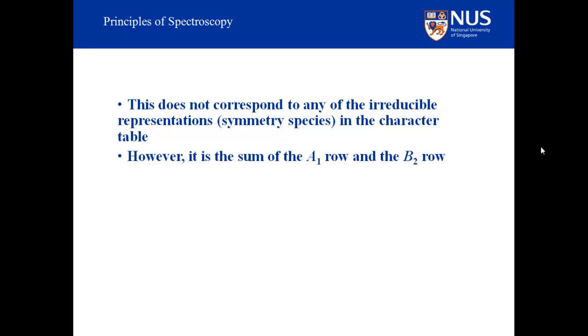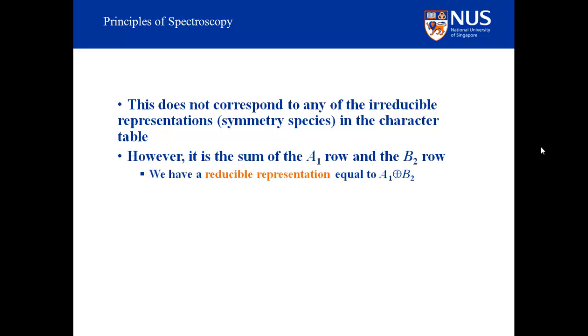Remember that A1 has the representation 1, 1, 1, 1, and B2 has the representation 1, -1, -1, 1. So 1 + 1 is equal to 2 under the identity, 1 + -1 is equal to 0 under the C2 symmetry operation, 1 + -1 is equal to 0 under the sigma v xz symmetry operation, and 1 + 1 is equal to 2 under the sigma v yz symmetry operation.